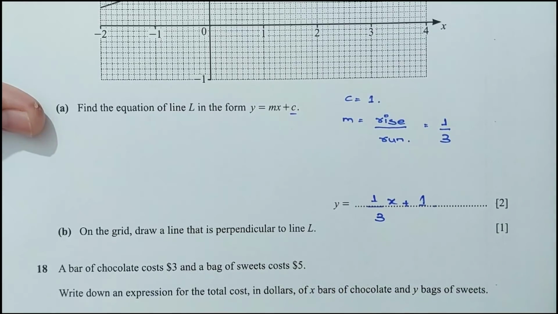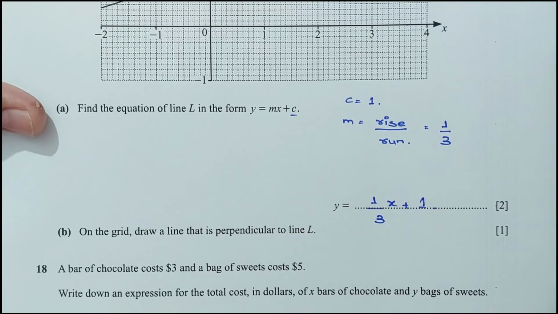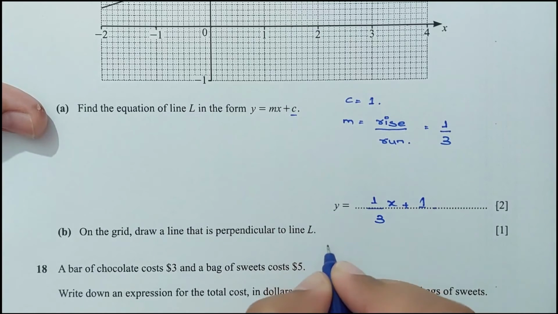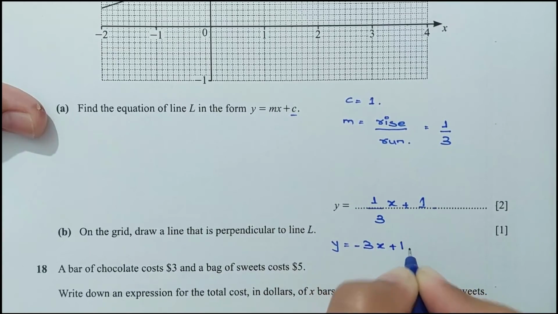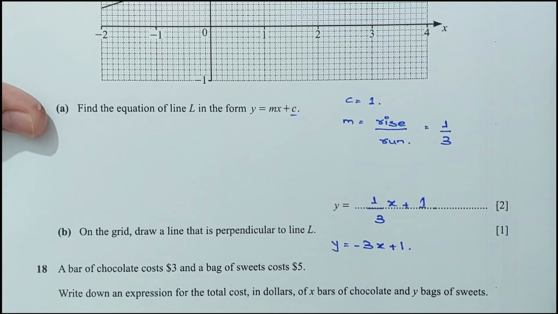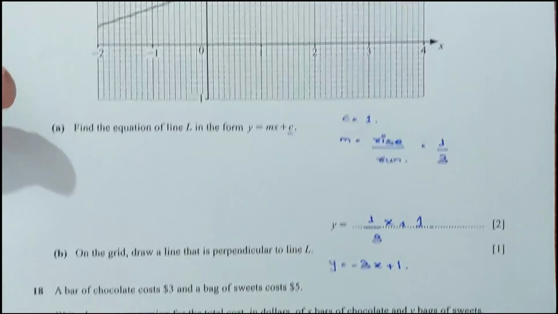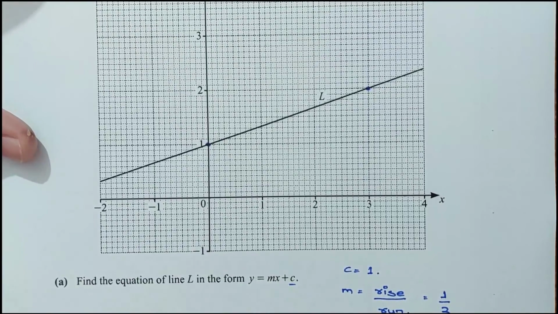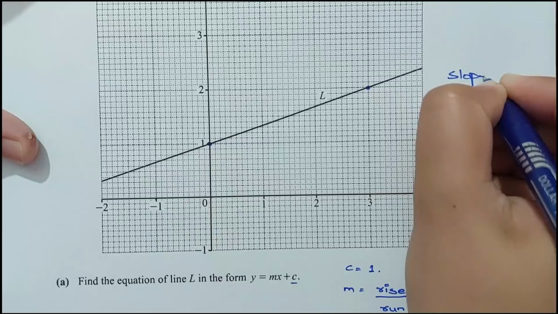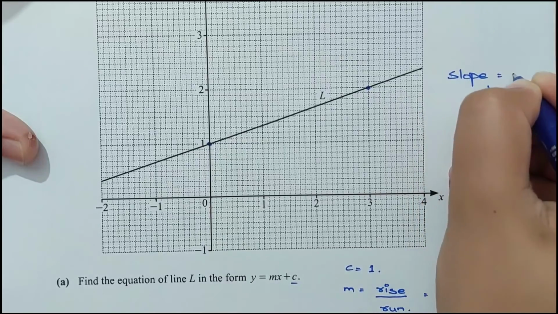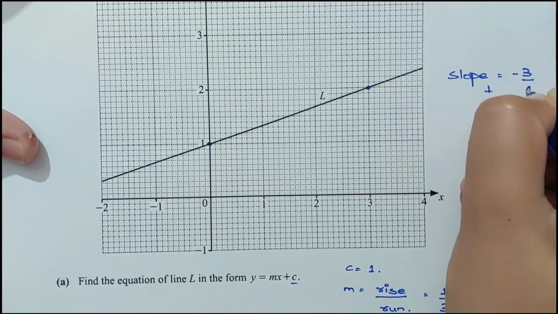Right. Now on part B, on the grid, draw the line that is perpendicular to the line L. The line that is perpendicular to line L is y equals negative 3x plus 1. The y-intercept stays the same, but the slope is going to be the negative reciprocal, right? So the slope of that perpendicular line is negative 3 over 1.